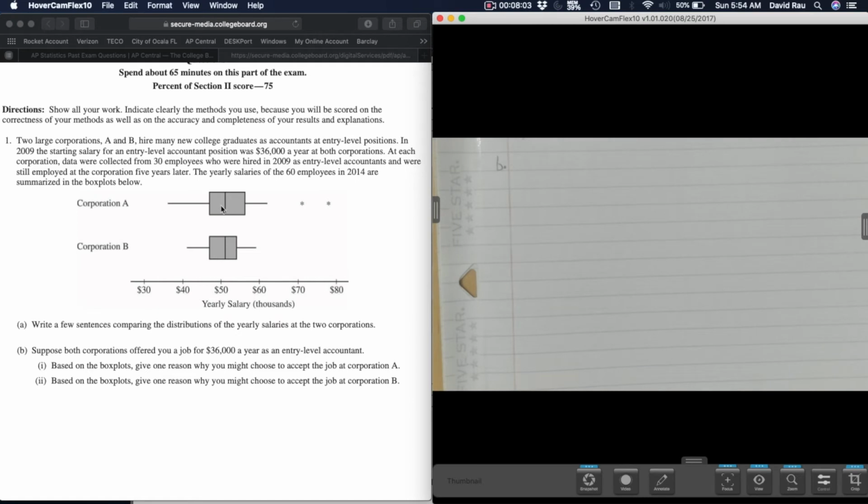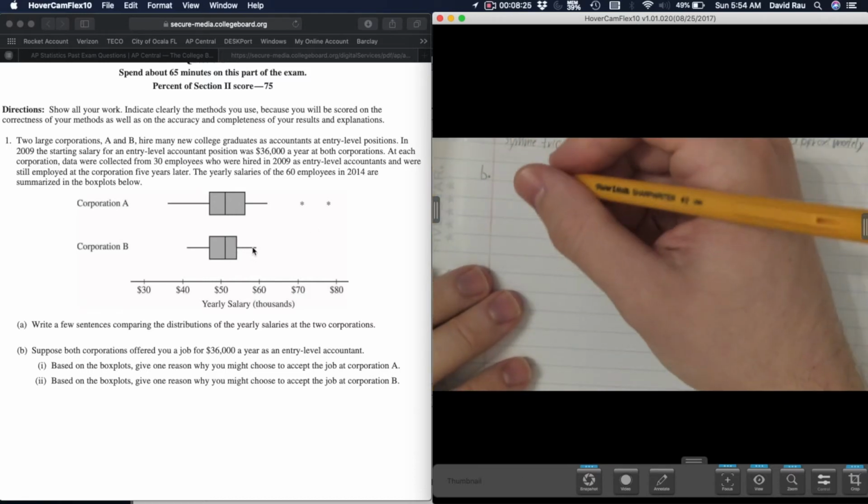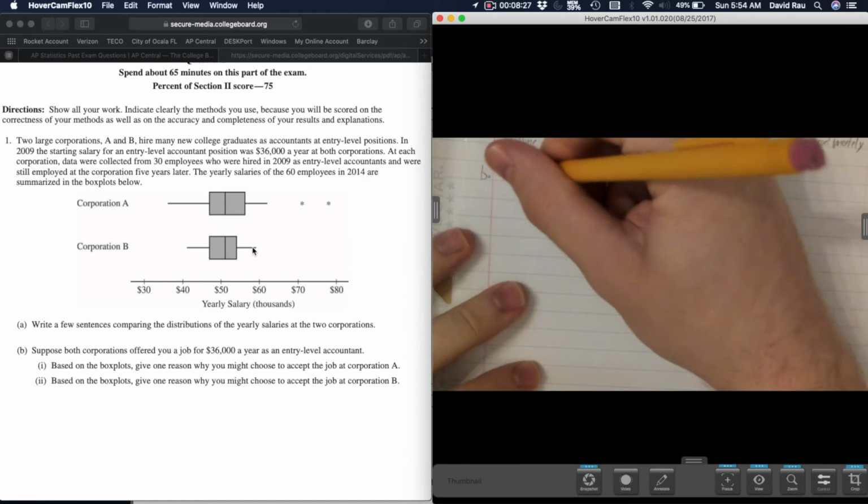Both of them have 25% of the data here in these rectangles. This one, 25% of the data, we don't really know where it's broken up in between, but there's only a small portion making less money. And actually, there's 25% of the data here that beats this 25%, and this 25% of the data definitely beats this 25%. So anyways, long story short, why would you choose Corporation A?